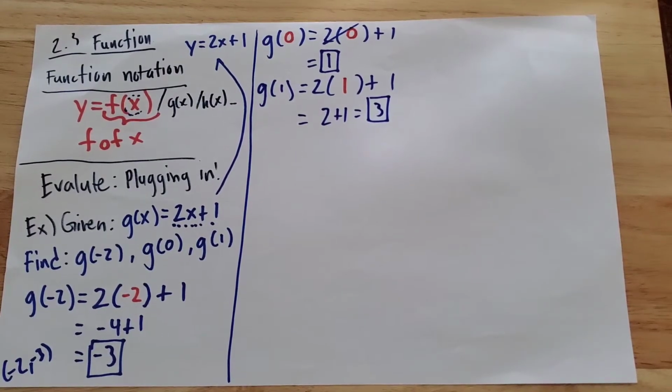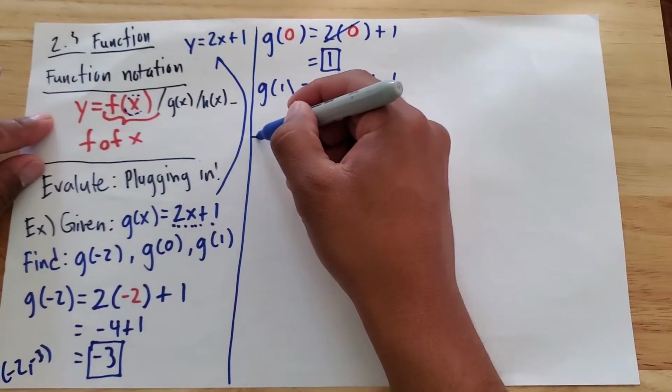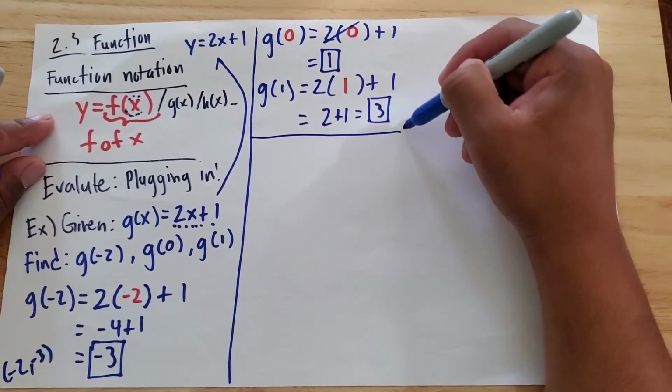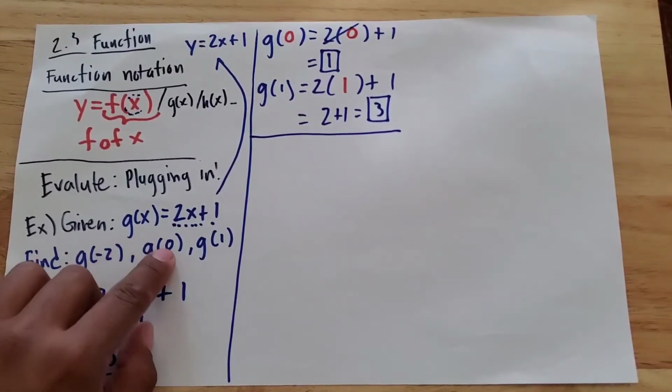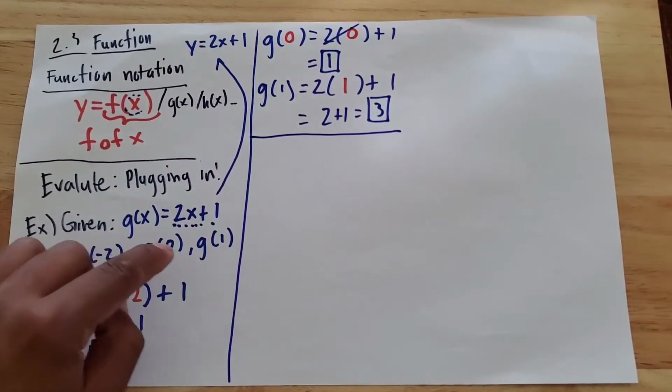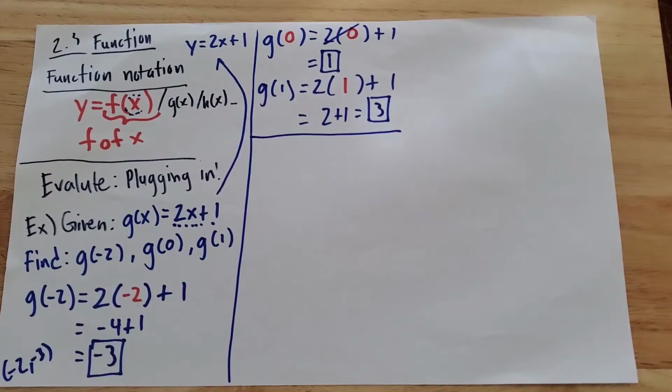There are some evaluations that get a little trickier that we're going to look at. But this idea of evaluating is literally just plugging in wherever you see your x, replacing it with whatever is inside those parentheses. Whatever it may be, you're going to just replace it.